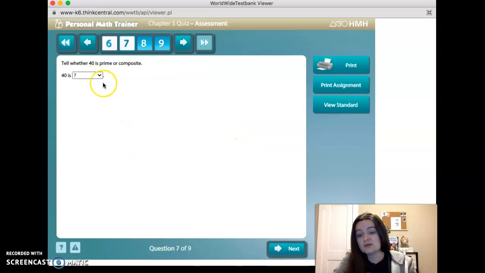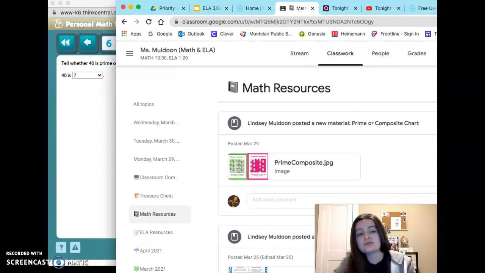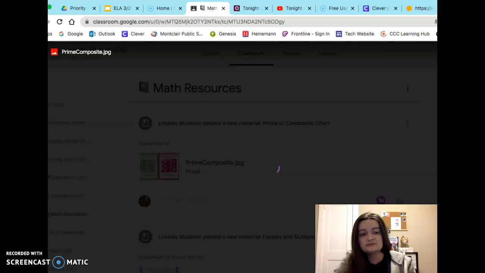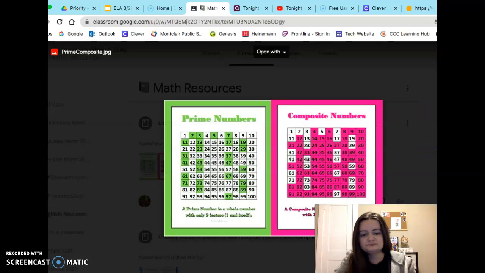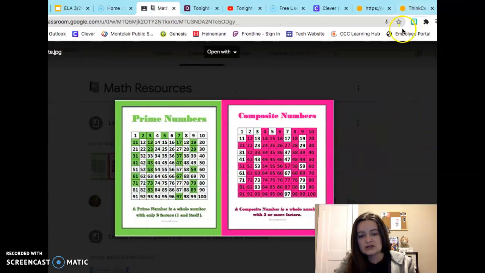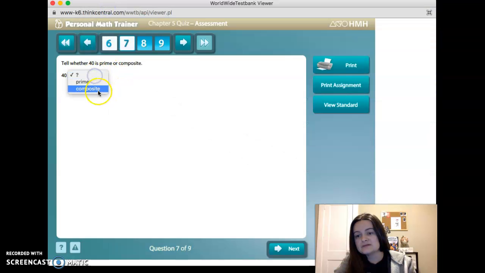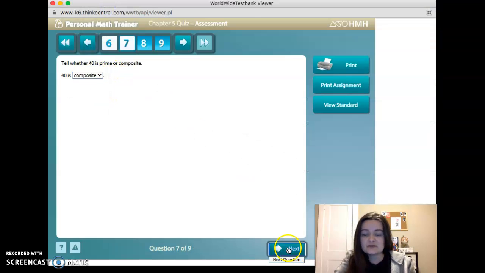Is 40 prime or composite? This is where you could pull up that math chart for prime or composite. So I look over here, I'm looking for 40. 40 is composite because it's highlighted here. It's not highlighted in the prime section, so it's not prime, it's composite. So I could go back over here and press composite and go to the next one.